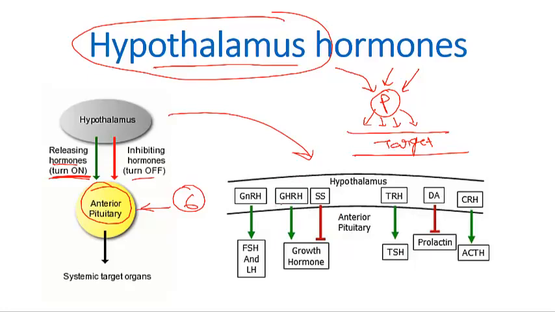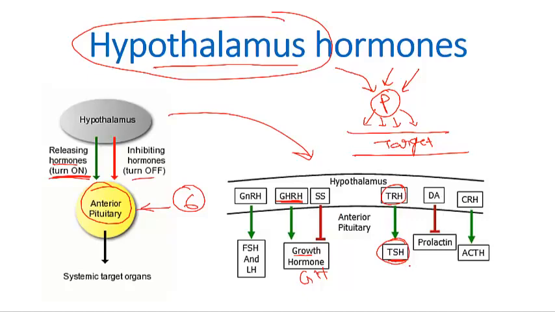So the hypothalamus produces different sorts of release hormones. For example, growth hormone release hormone, or GHRH. This growth hormone release hormone acts on the pituitary, and it tells the pituitary to release growth hormone. For example, thyroid release hormone: if it is released and acts on the pituitary, then only the pituitary produces thyroid stimulating hormone.